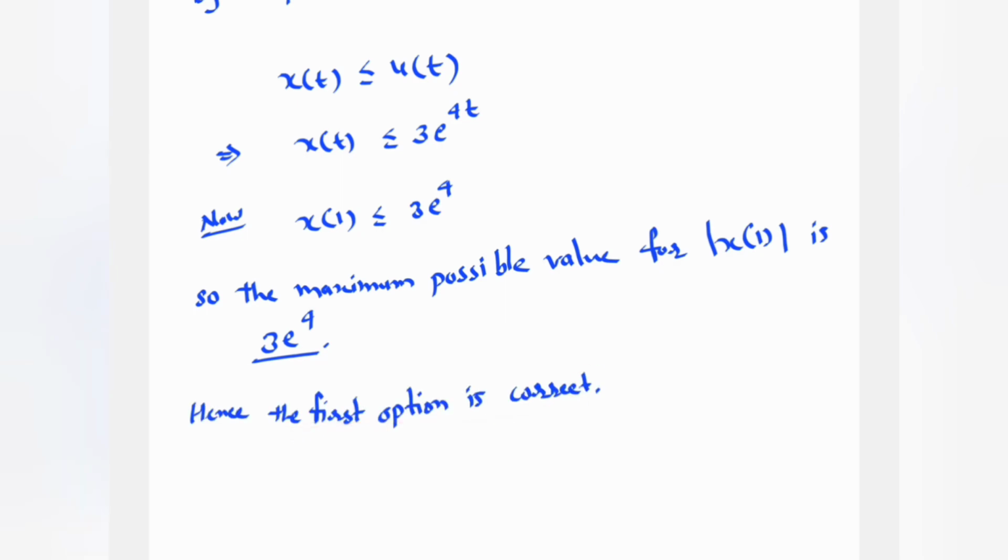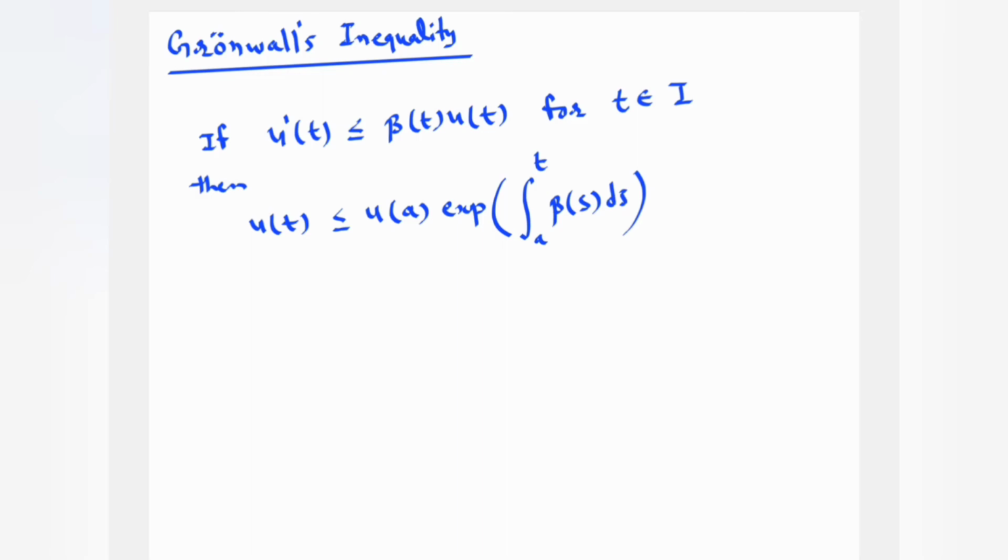We can also approach this problem by using Gronwall's inequality. This is the statement of Gronwall's inequality: if u dash t is less than or equal to beta(t) u(t) for t belongs to some interval I, then u(t) is less than or equal to u(a) exponential integral a to t beta(s) ds.